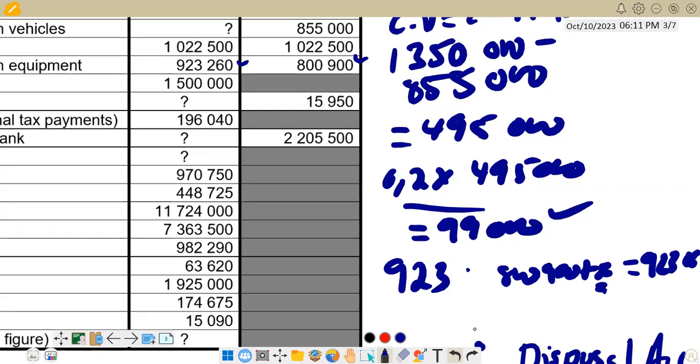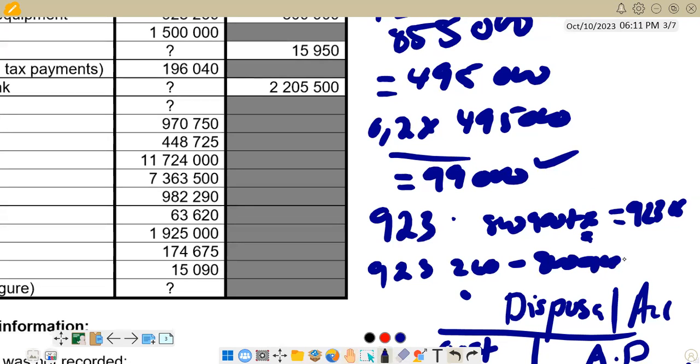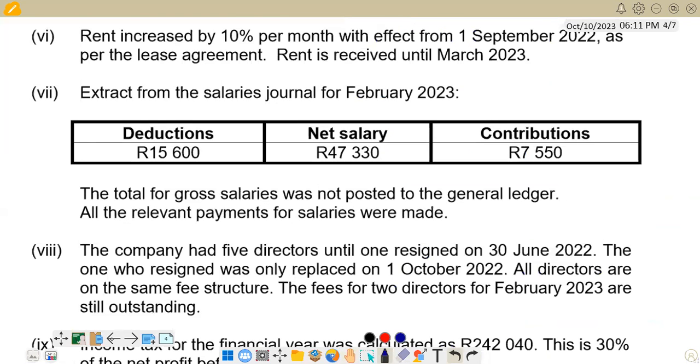So we are going to say 923,260, then we subtract 800,900. Then we get the depreciation for the year. So that's the calculation that we are supposed to make there.